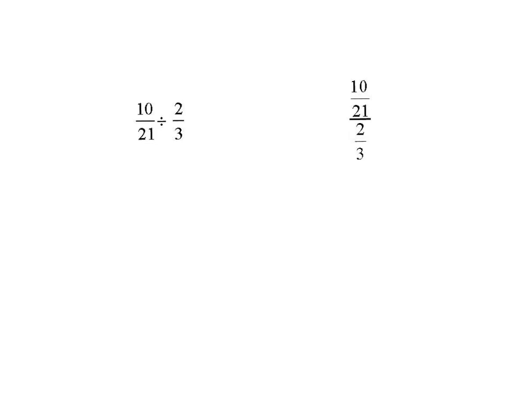To solve a division problem, basically you change it into an equivalent multiplication problem, which in this case will be this one, 10/21 times 3/2. So what we're saying here is that division by 2/3 produces the same result as multiplication by 3/2.